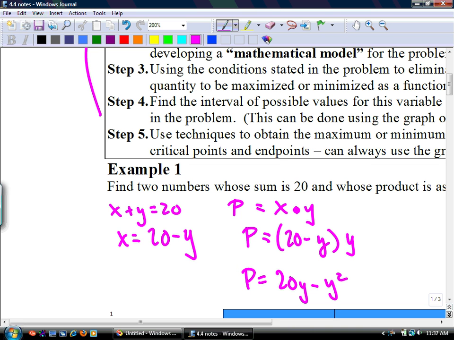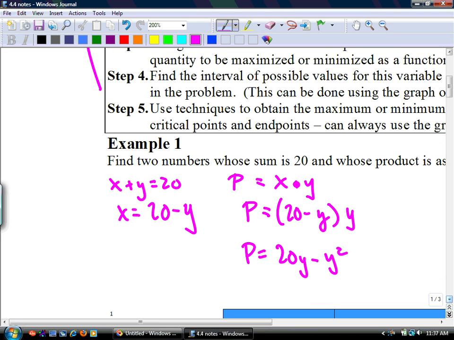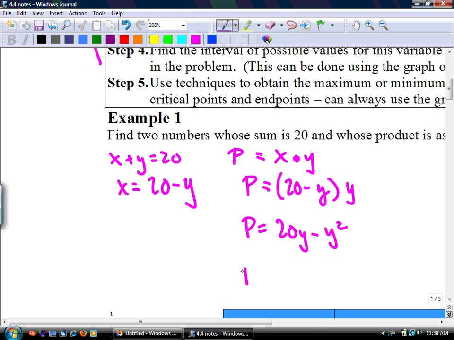Find the critical point. Take the derivative. Make it equal 0. Don't have to do anything implicitly here because you have y as an independent variable and P is your dependent variable now. So P prime equals 20 minus 2y.